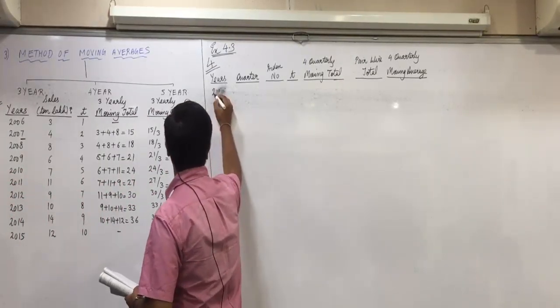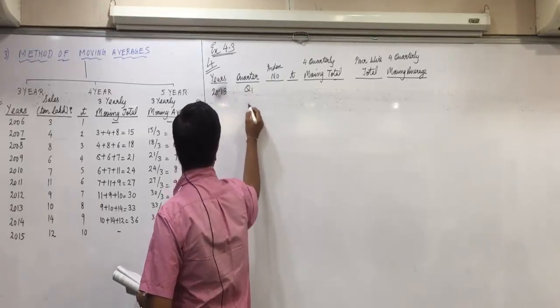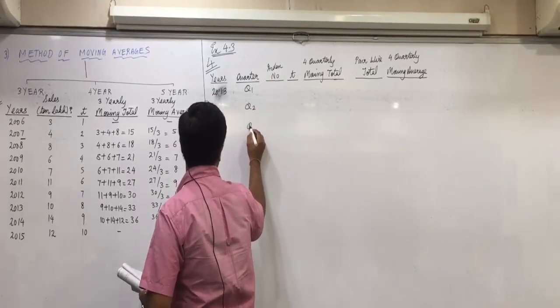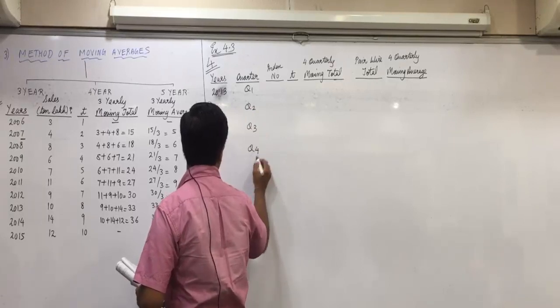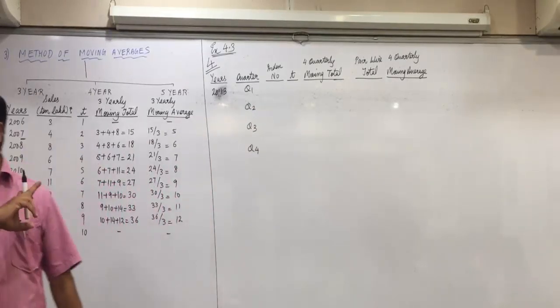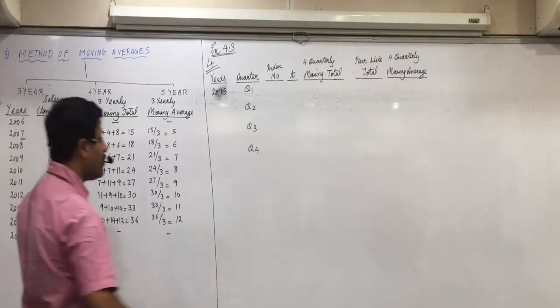Very first is 2013. Within that quarter 1, leave one line. Quarter 2, again leave one line. Quarter 3 and again one line, quarter 4. Understood this? Yes.